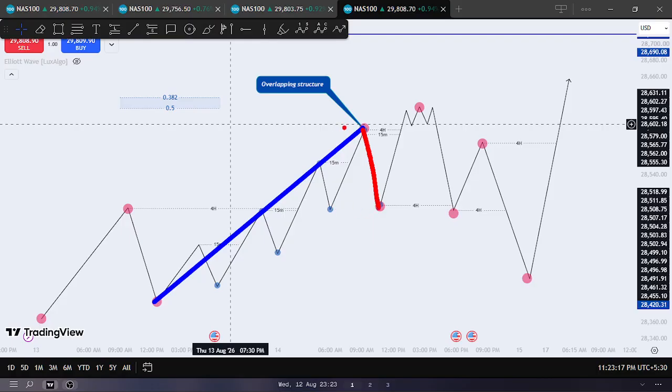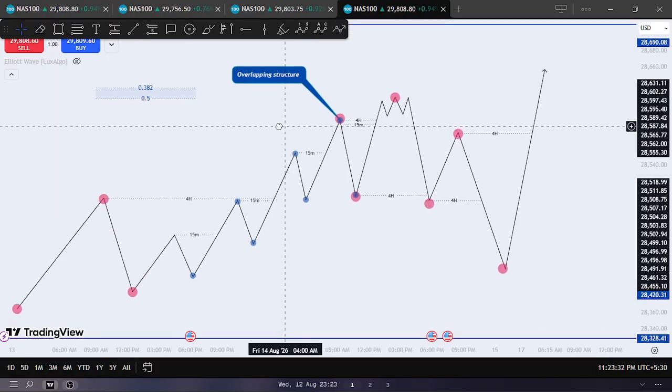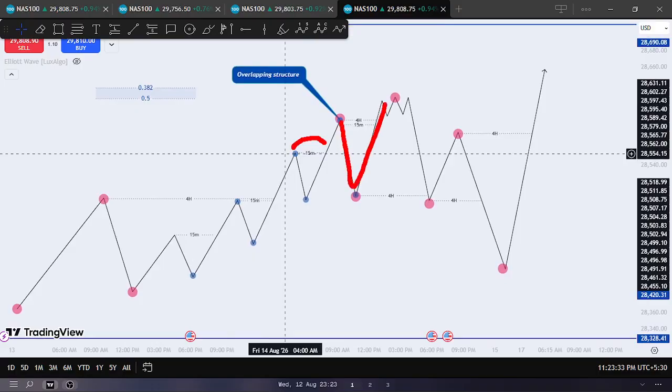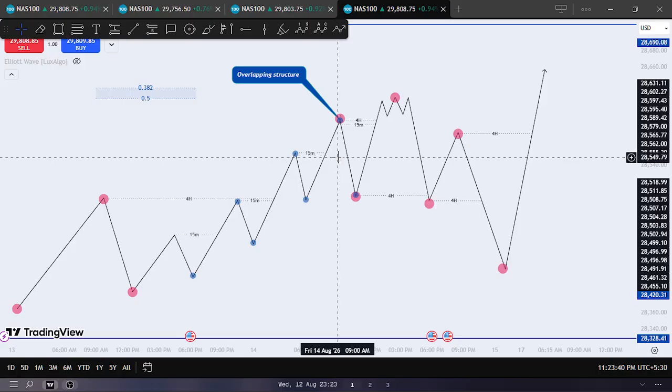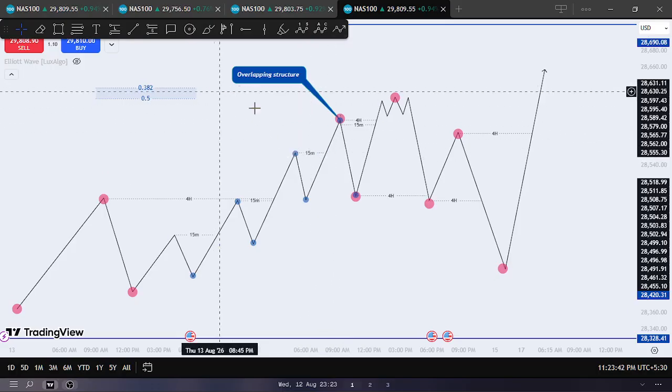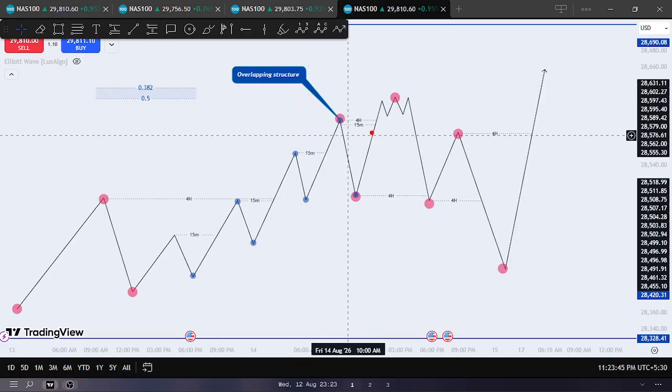I say okay, so we have a 4-hour weak high at this point, but basically due to the fact that it was also a 15-minute structure, like this, we now have an overlapping 15-minute structure.